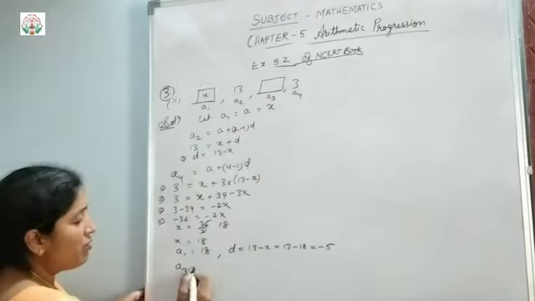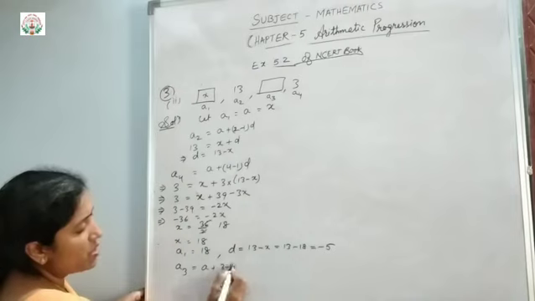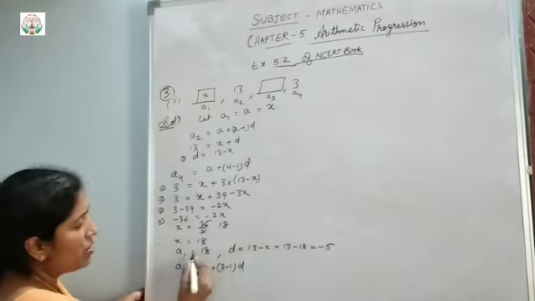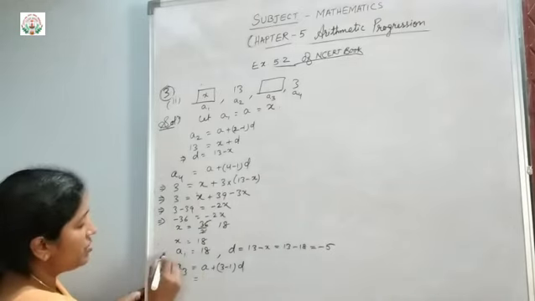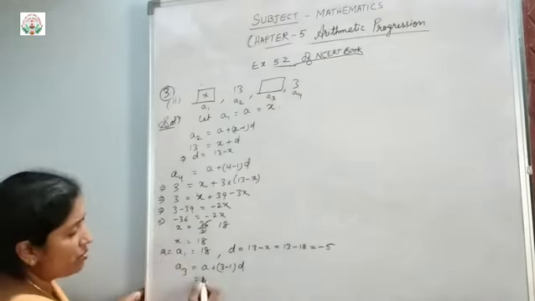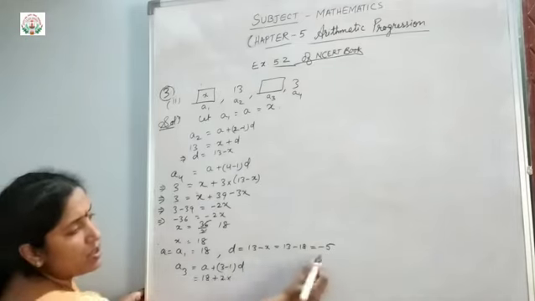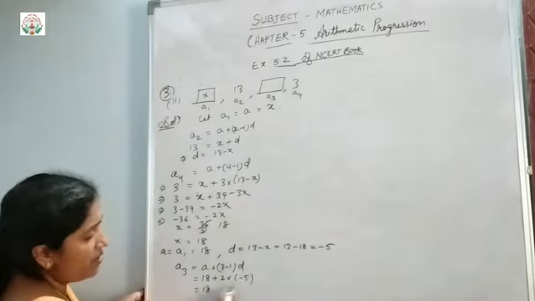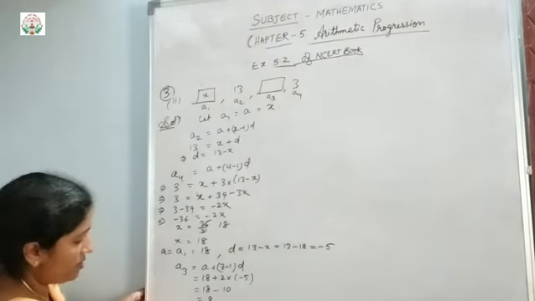A3 equals A plus 3 minus 1 into D, which is 18 plus 2 into minus 5, equals 18 minus 10, which equals 8.